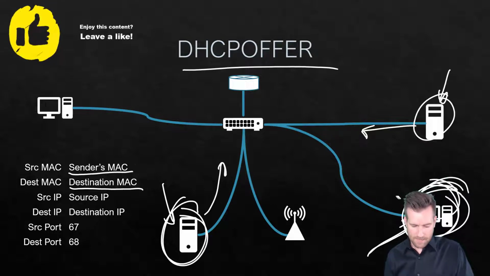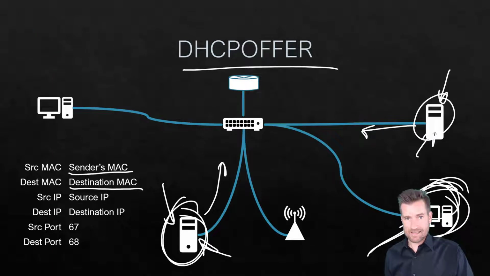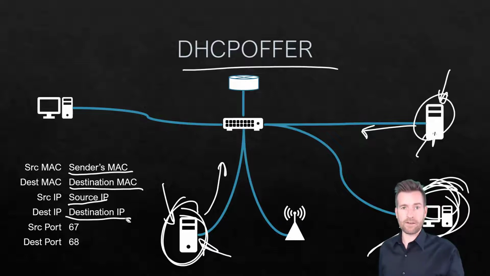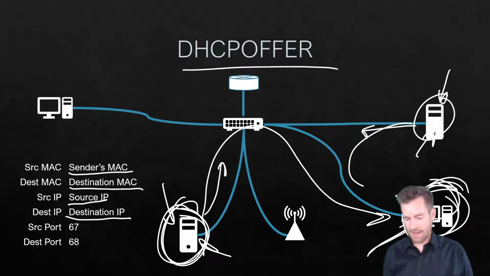The source IP address will be of these machines as it sends it out, because they have an IP address that's assigned to them. The destination IP is going to be the IP address that they're offering. So these machines are going to be offering an IP address to this machine right here.